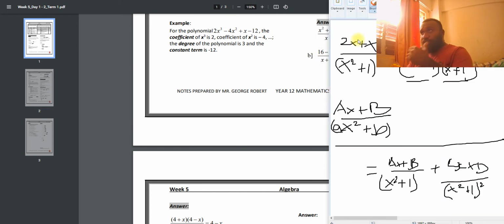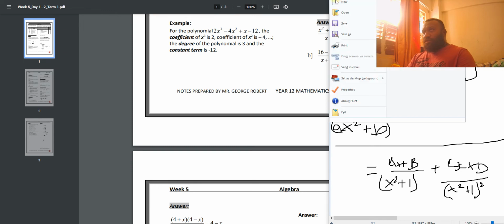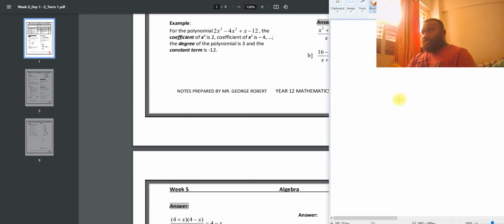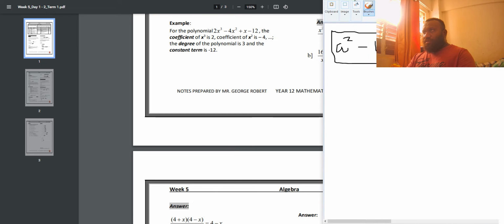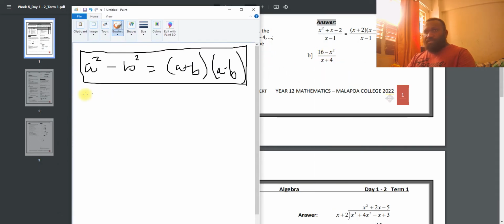A difference of two squares is a squared minus b squared, and to factorize it will be a plus b and a minus b. So in our example we are given 16 minus x squared.